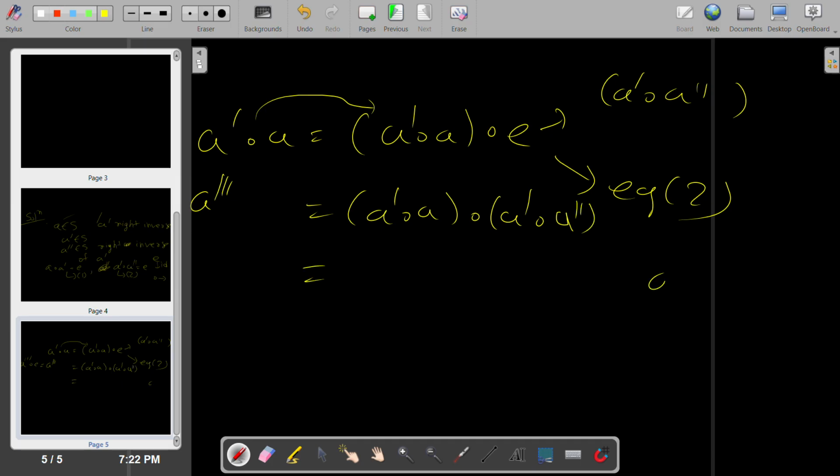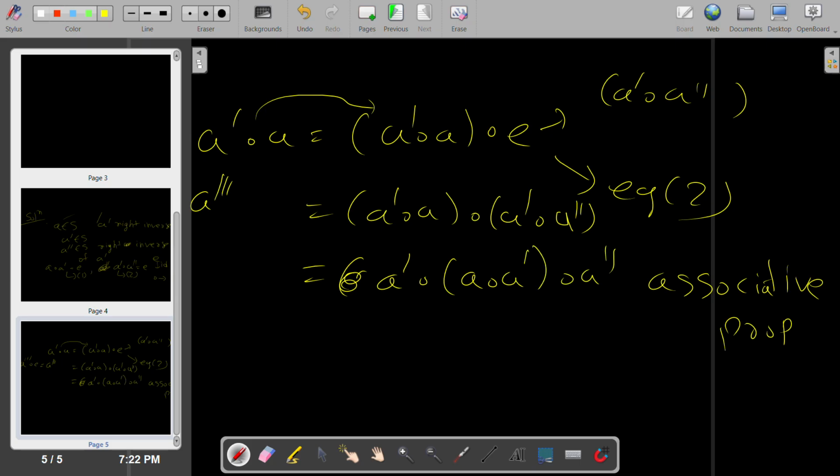Now by the associative property we can write this as A dash compose the bracket A compose A dash, which will be equal to A dash compose, from equation 1, E compose A double dash.